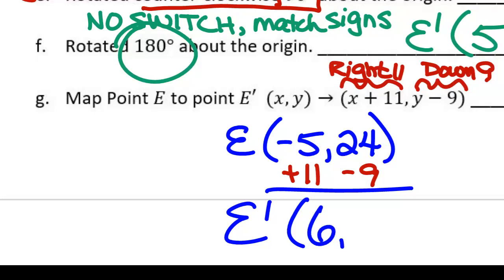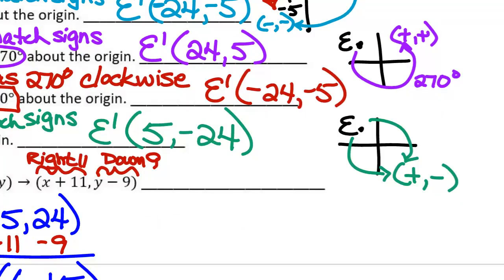And what's 24 minus 9? 15. 6, 15. The only other way that I end up with ordered pairs that aren't the same two numbers that I started off with, just switched around or negative, positive, is if I'm reflecting over something like y equals a number or x equals a number. That's the only way I end up with digits that are different than what I started with.